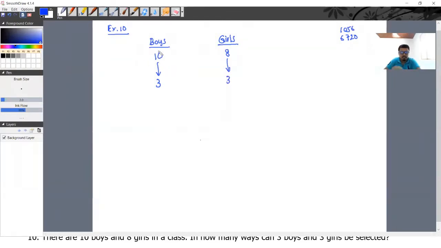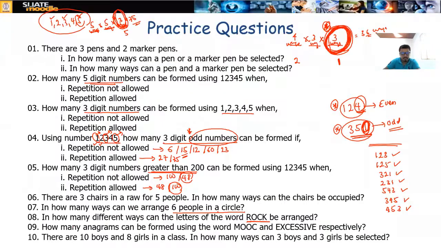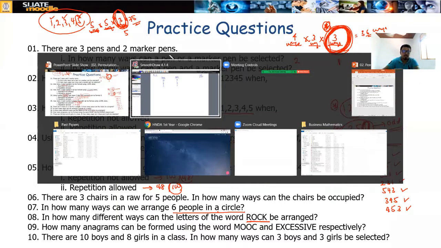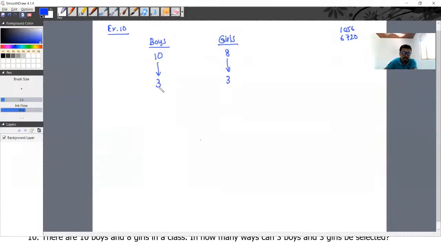Right? There are 10 boys and 8 girls in a class. In how many ways can 3 boys and 3 girls be selected? Out of these 10, we need to select 3, and out of these 8, we need to select 3.